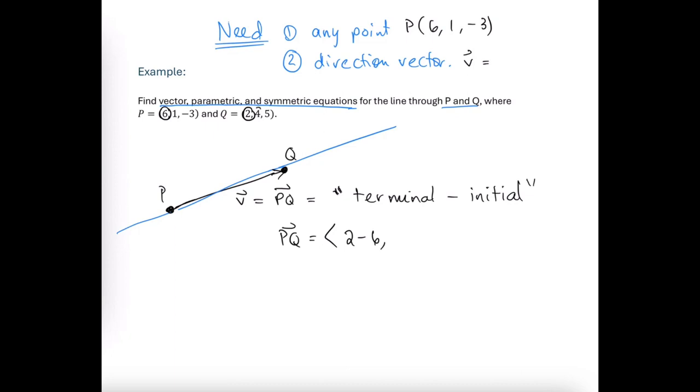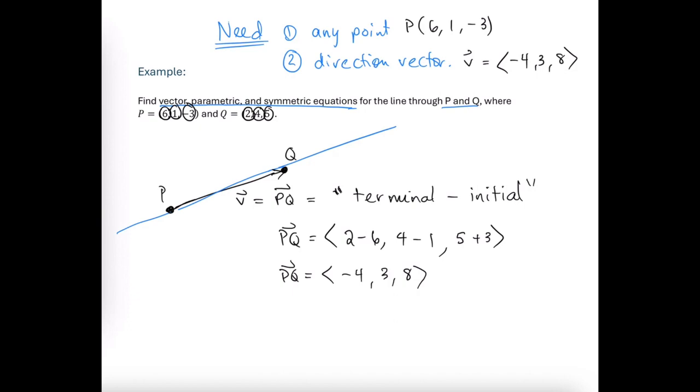And then the terminal y coordinate of Q is 4, minus the initial y coordinate, 1. Terminal z coordinate 5 minus initial z coordinate negative 3, so that's going to be 5 plus 3. And this PQ vector that is going to be used as our direction vector is going to be negative 4, 3, and 8.